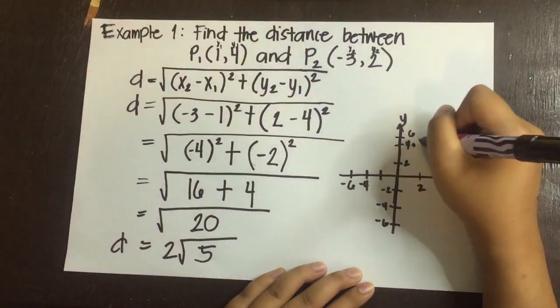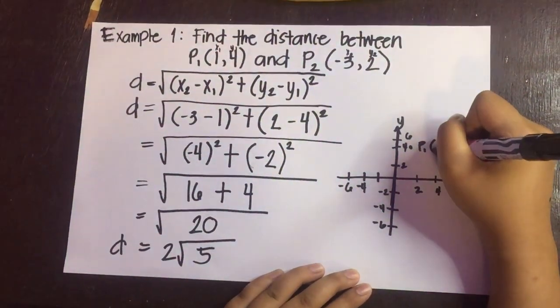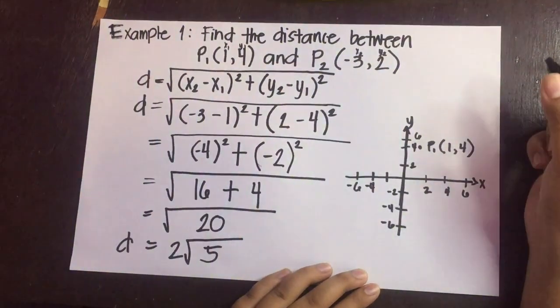So we are going to plot our point 1, which is 1 and 4.